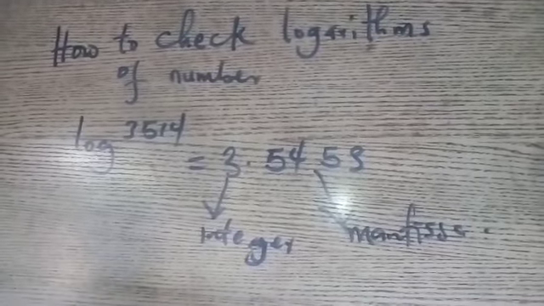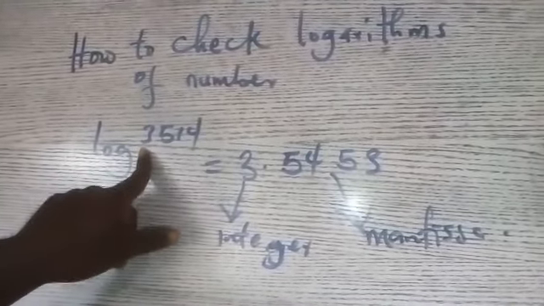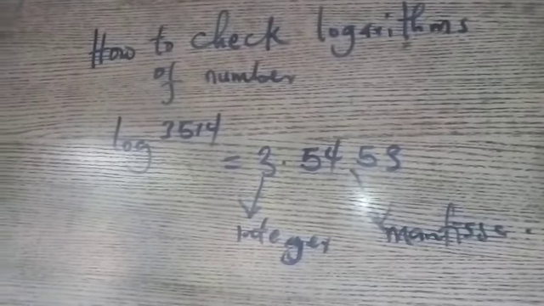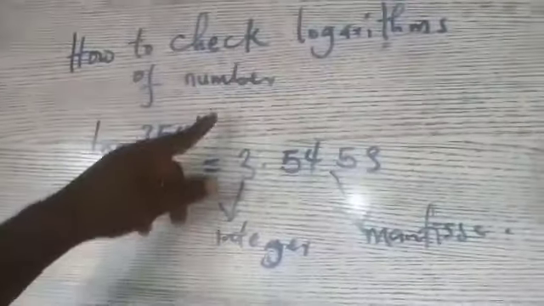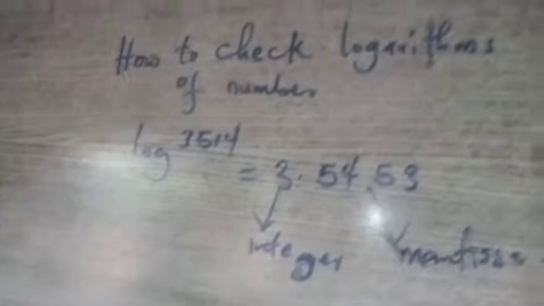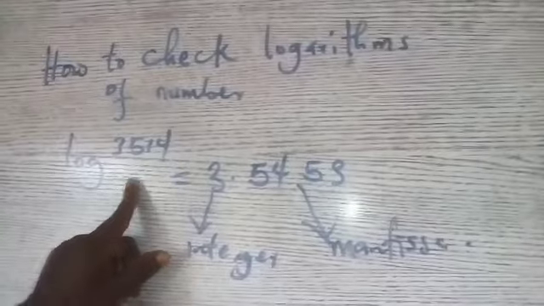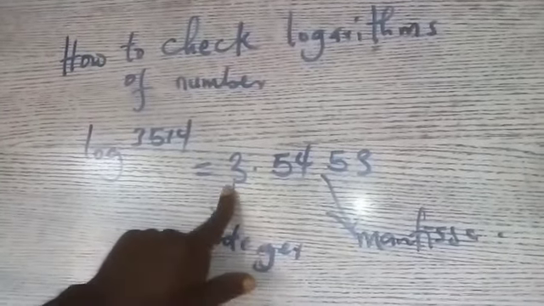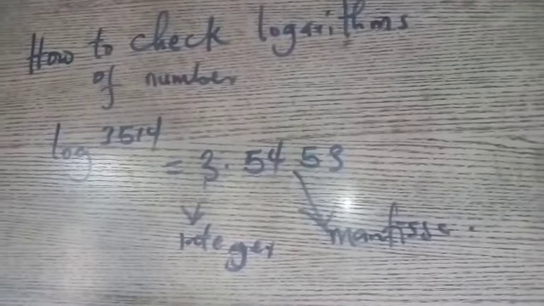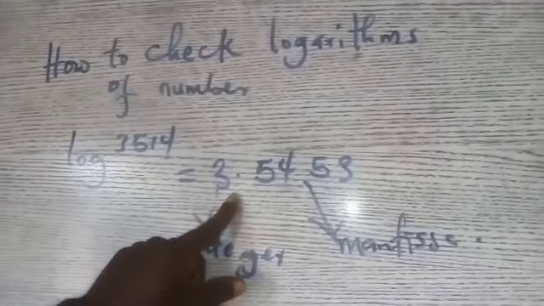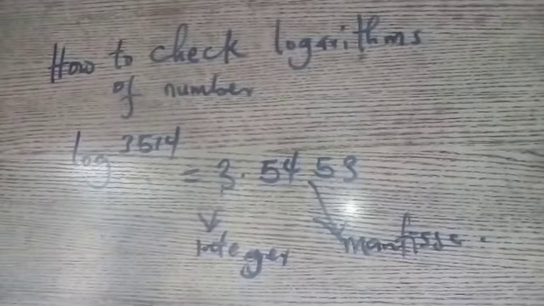The misconception that most students have about this is that they were only told that to obtain this characteristic, they have to shift the point, and the number of times they shift the point gives them the characteristic. Well, it is right to some extent, but the actual reason why this 3 happens to be the characteristic here is this.